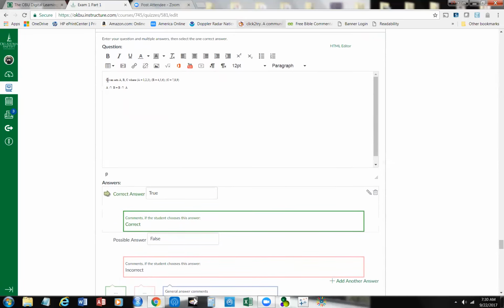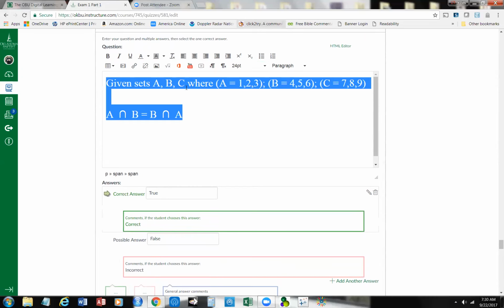Now let's put this in here. Given the same sets, 1, 2, 3, 4, 5, 6, 7, 8, 9. Is the intersection of A and B equal to the intersection of B and A? Remember, in set notation theory, the U means union.